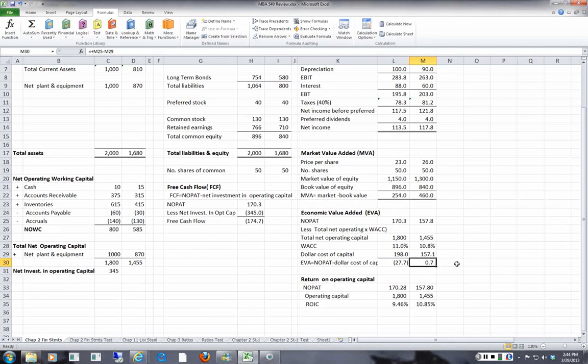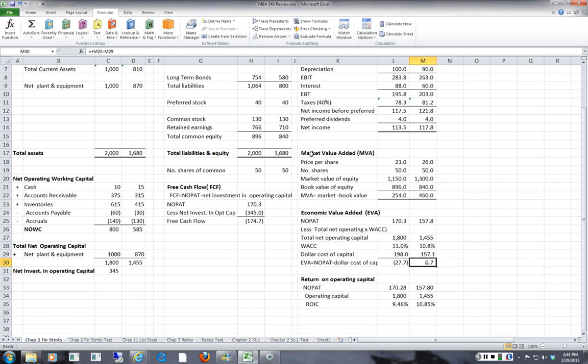Or, if we say this is in millions, but I think you can get the gist of what I'm saying. So that's EVA, economic value added. In 2010, the intrinsic value of the firm was devalued just a little. In the preceding year, it went up just a little, but it's about a wash.